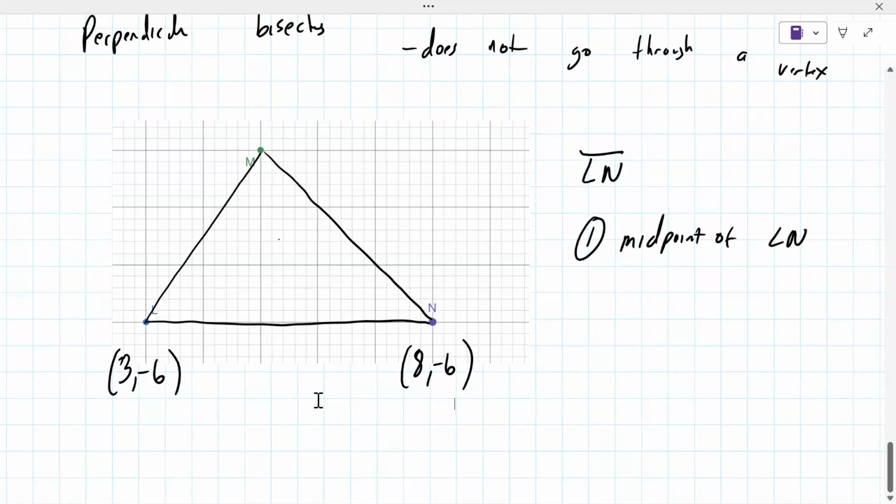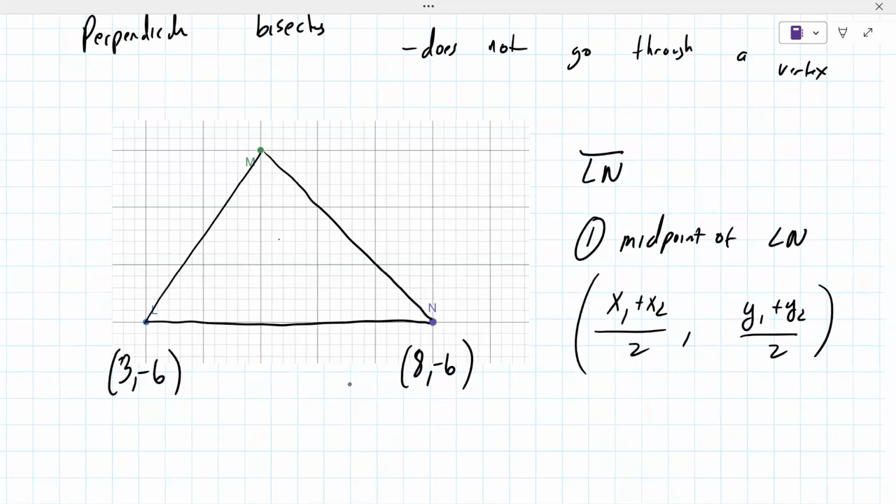I can do the midpoint formula. Is it 5.5 comma? Let's go 11/2, comma -6.